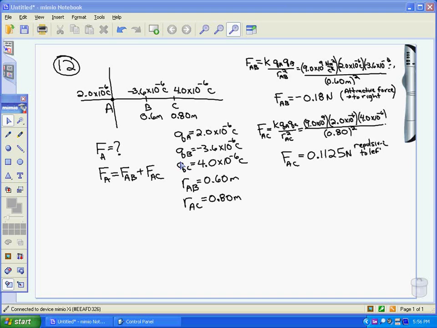So now I just add up the forces. The force on A is going to be equal to F of AB plus F of AC, which is negative 0.18 newtons plus 0.1125 newtons.